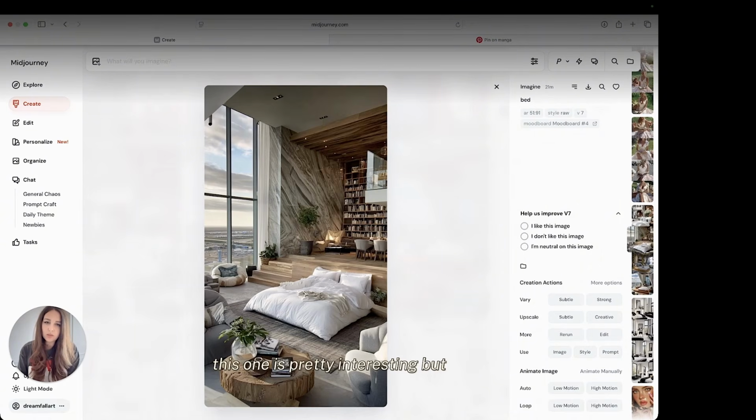This one is pretty interesting, but to animate it I would change the bed, because sometimes when we really like one thing in the interior design, it's very common on Midjourney that you won't like something else and you need to edit it. This is a very, very common thing in Midjourney. So I would suggest to just generate more and more to get the results that you like.